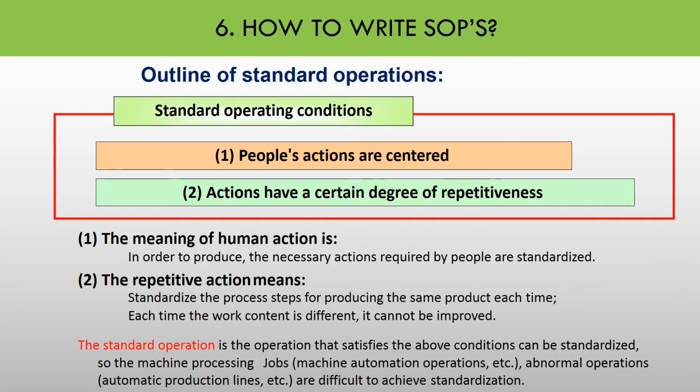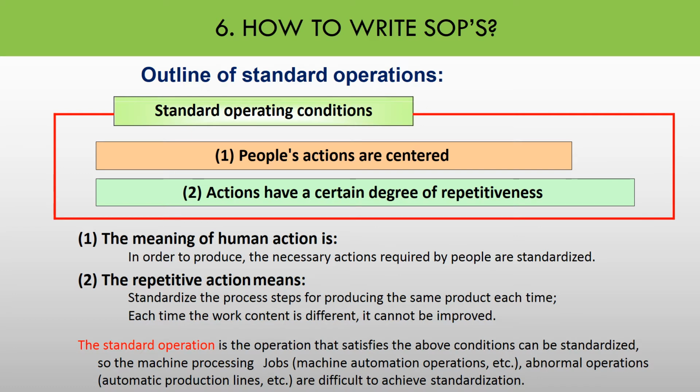How to write SOPs? Here there is an outline of standard operations and standard operating conditions. Here we need to mention the actions that are centered on certain degree of repetitiveness. For example, we need to mention the human action that should be required in order to produce the necessary action, so that the actions required by the people are standardized.